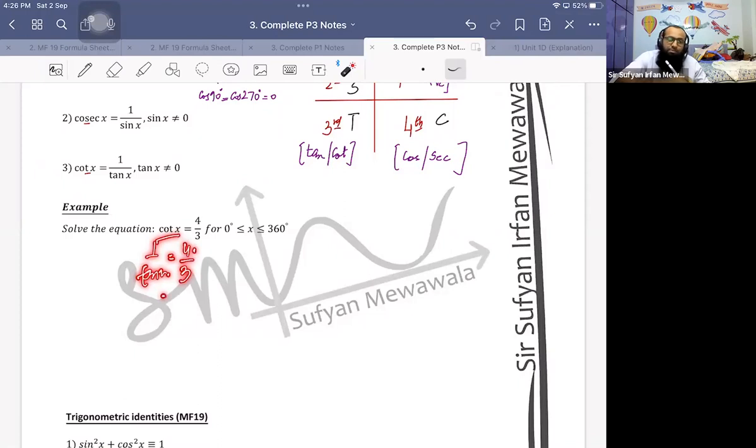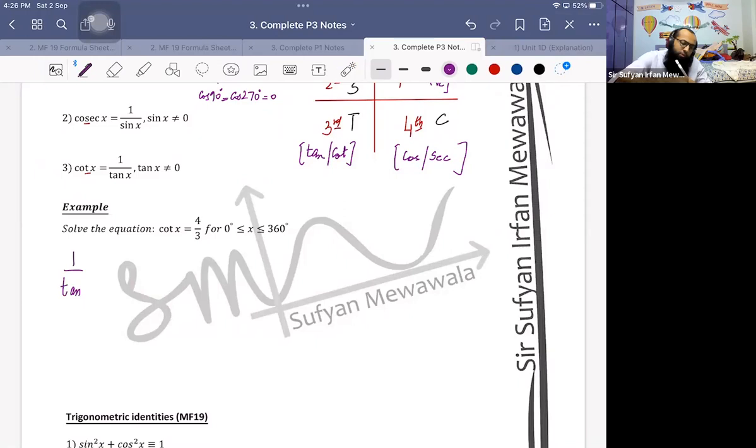But this step is not essential, so we can do it like this: 1/tan x equals 4/3, and then we can write tan x equals 3/4. However, this step is optional, and it's better that you do it directly.